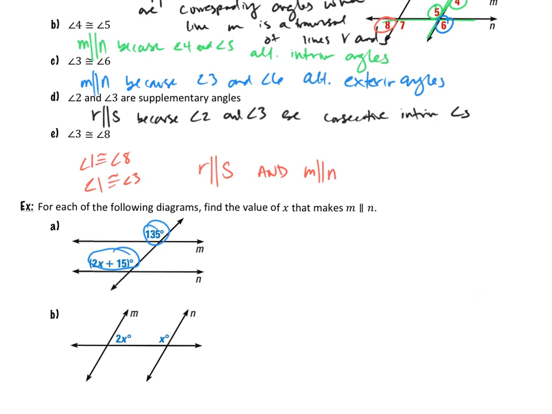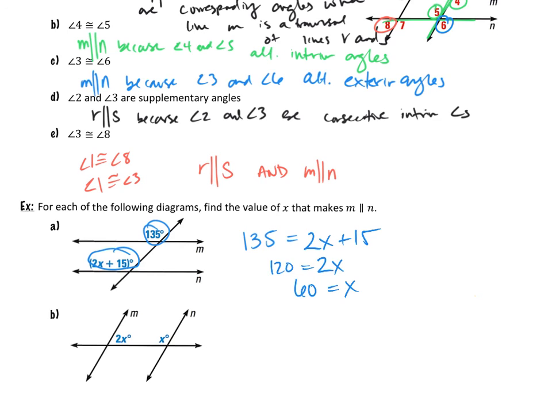They are both on the left-hand side of the transversal and above m and n respectively, so they are corresponding angles. Corresponding angles are congruent if those two lines are parallel. So I set 135 degrees equal to 2x plus 15. Subtract 15 from both sides, and then divide both sides by 2. So x equals 60 in order to make this one true.